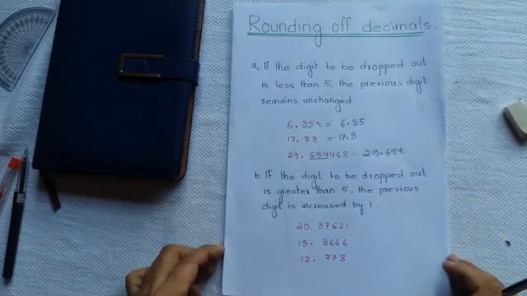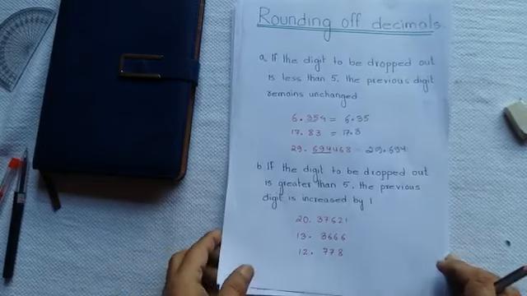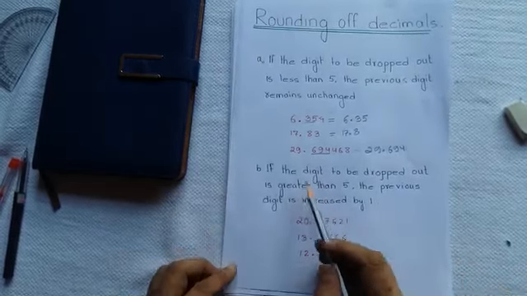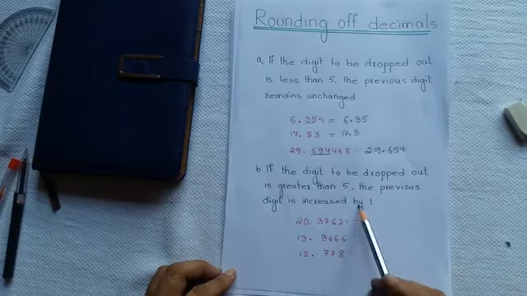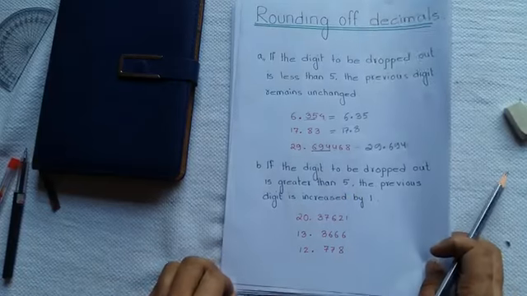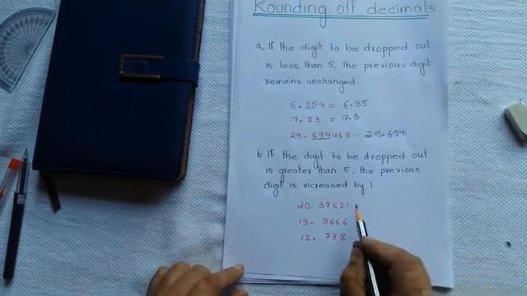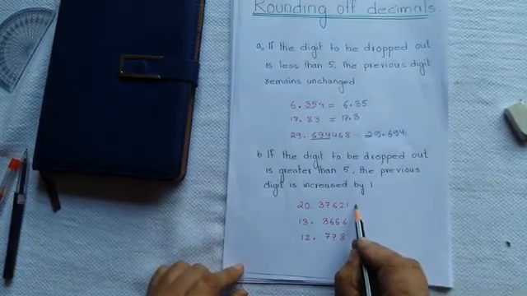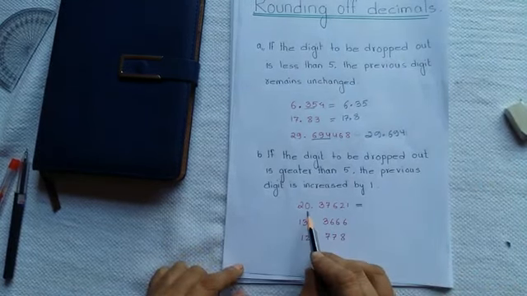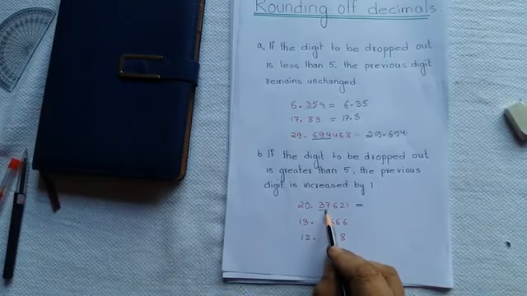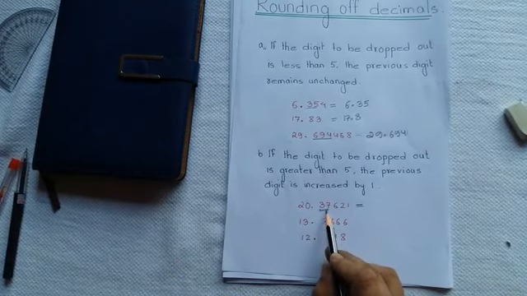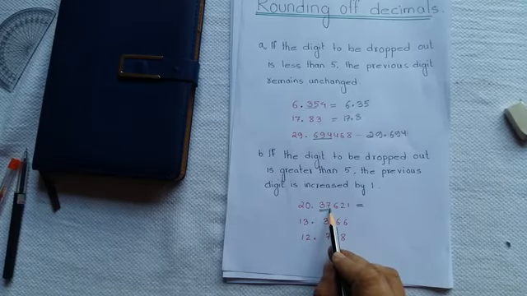And now, what if the digit is greater than 5? If the digit to be dropped out is greater than 5, the previous digit is increased by 1. Now here, you just want to keep 2 digits after the decimal point. You want to keep these 2 digits, 3 and 7, and the digit next to it is 6, which is greater than 5.